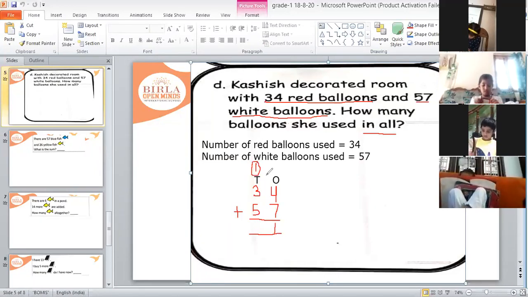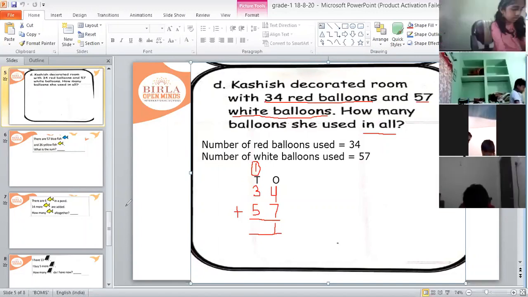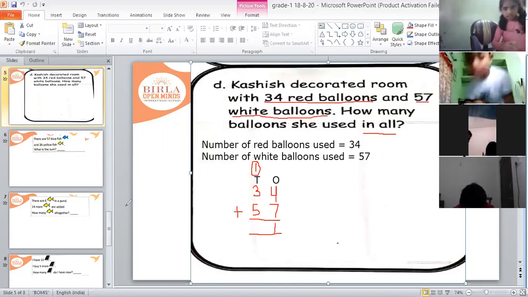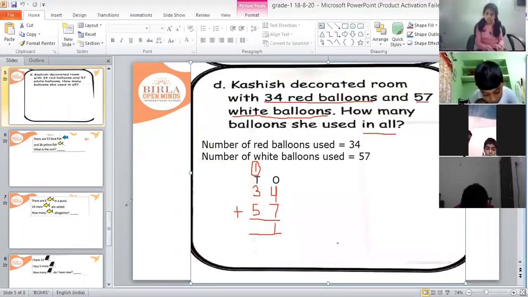Okay. So now we have to add the numbers in tens place. So in tens place the numbers are 1, 3 and 5. So now we have to add these three numbers. Rohit, you tell me. Rohit Chaudhary. Rohit, 3 plus 5, how much?